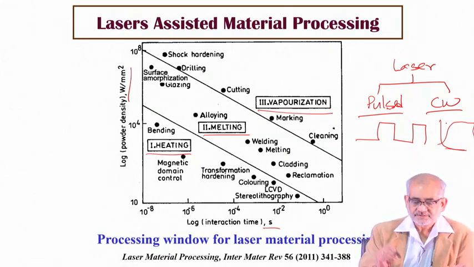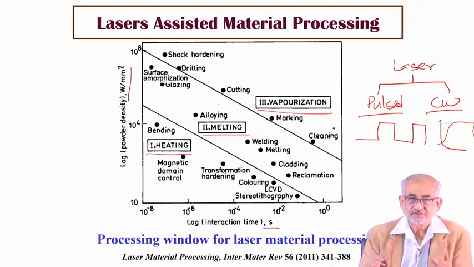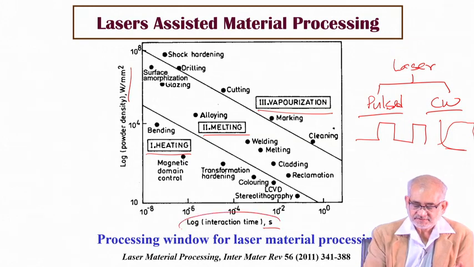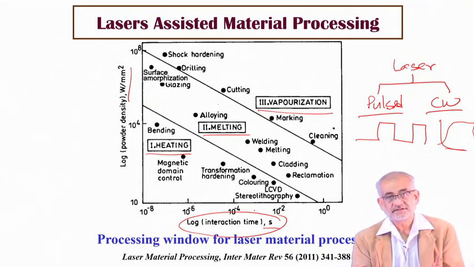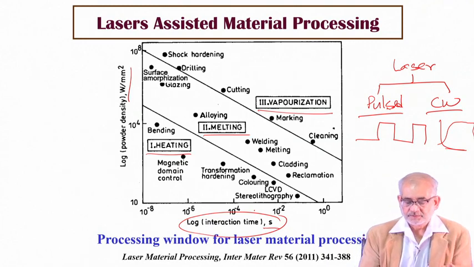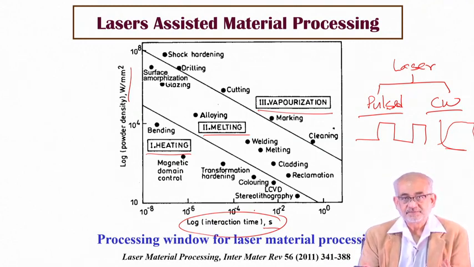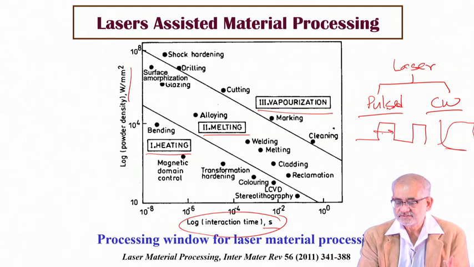The basic thing that I'm trying to emphasize, and this is what all of you will have to remember always while dealing with laser, is that there are only two major process parameters: the interaction time, which in case of pulse laser is simply the pulse on time. You can either go by the cumulative time that the laser beam is on, or else simply the pulse width. Essentially, this width is the so-called time that we are talking about.